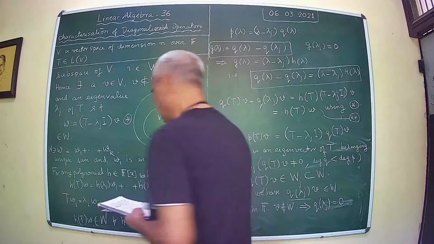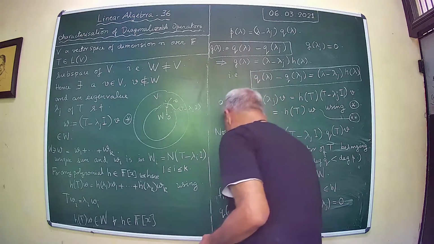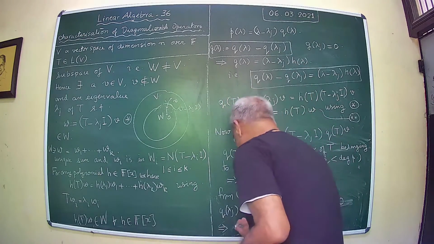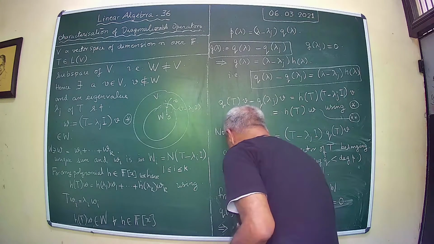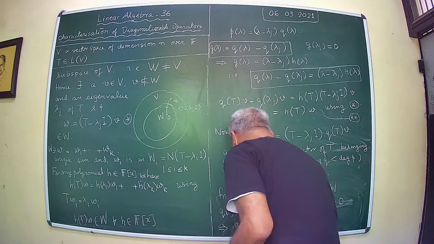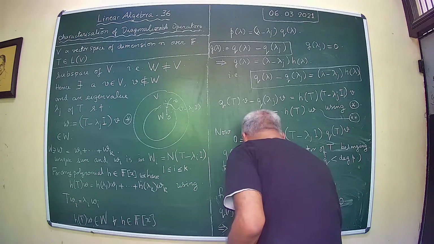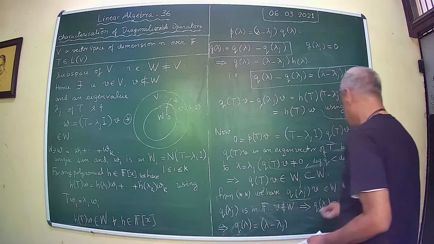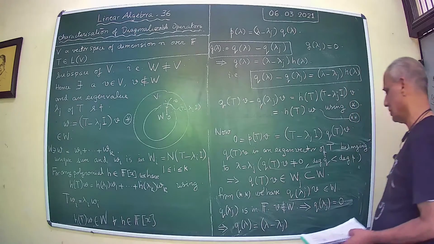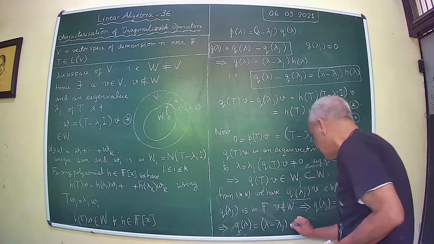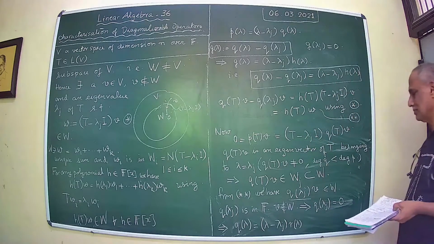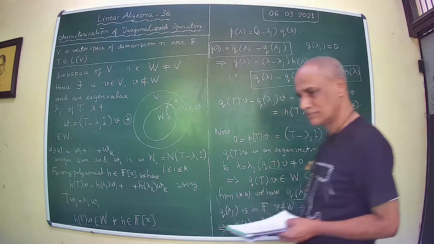What does it do? This implies lambda minus lambda j divides Q lambda, some power. Okay.